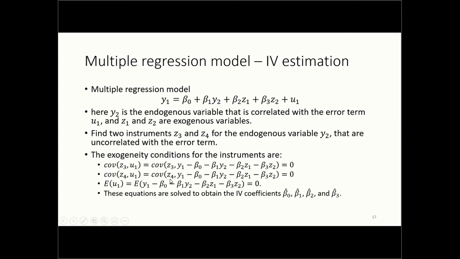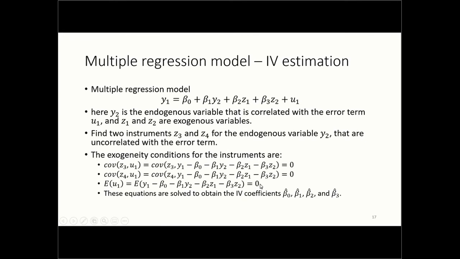And we can again substitute the expression for y1 here. That will be the expression here. And this final equation is saying that the expected value of the error term is 0. So we have the zero conditional mean assumption. That's where this is coming from.